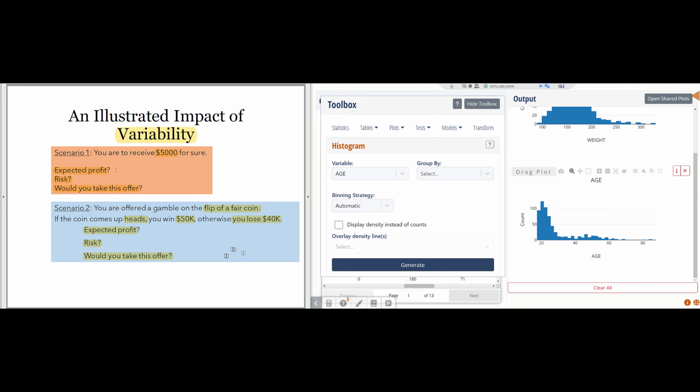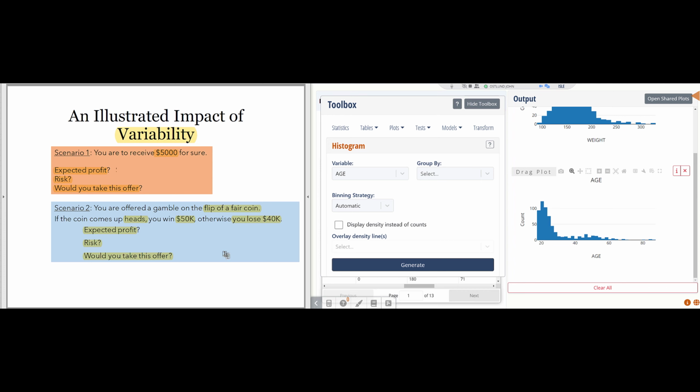This, by the way, is what's called risk aversion. Most people are risk averse, and if the probability of losing a lot of money is near the same as the probability of winning money, most people would stay away from that kind of bet.